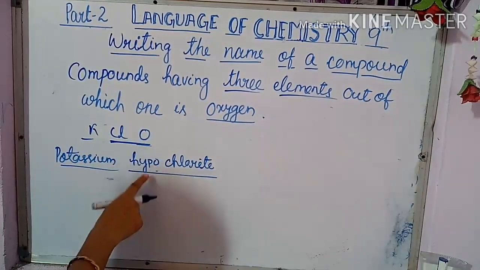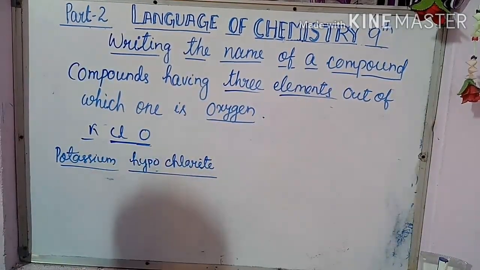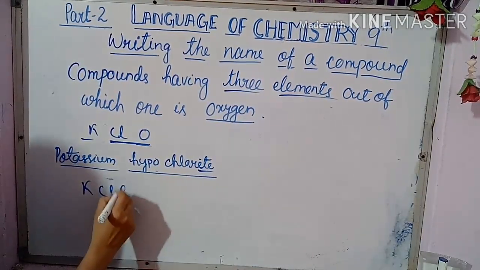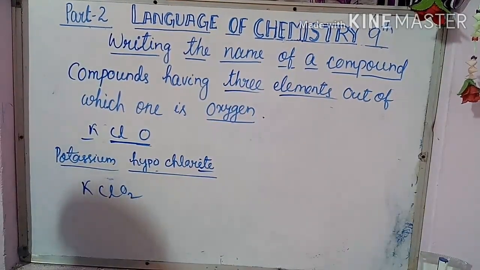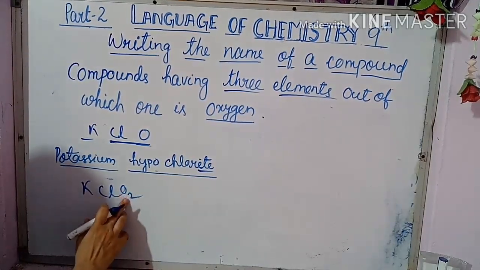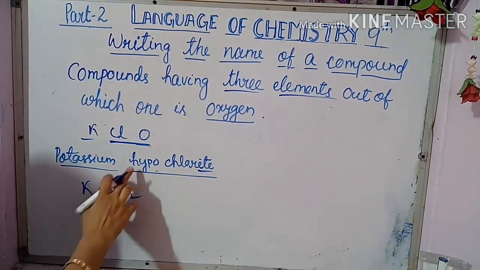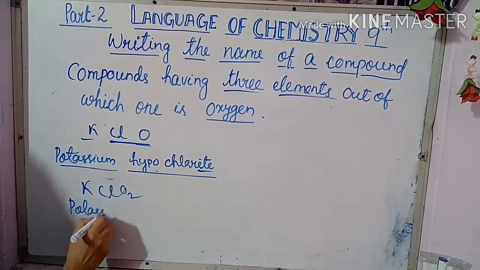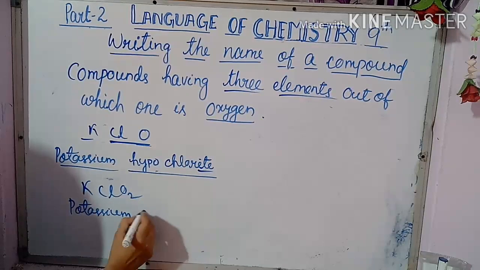Single O: hypo, Cl: chlor, ITE is present. The formula is hypo plus ITE. Now the second one is KClO2. How will it be? Same ITE. If 2 oxygen are present, it is ITE but not hypo, so you can write that it is potassium chlorite.